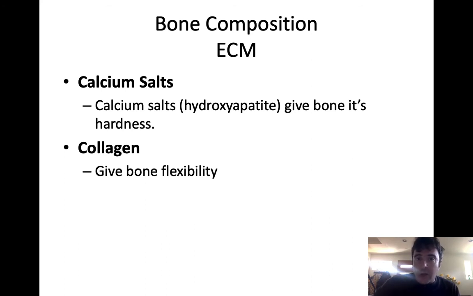If you're not getting enough vitamin C, you can't synthesize collagen, which is going to affect all of your connective tissues, notably bone in this case. If you're not depositing collagen in bone, bone becomes overly brittle and more susceptible to breaking. A disease in which you're not getting enough vitamin C is called scurvy. So think about that when you're thinking about the questions that are asked right now.